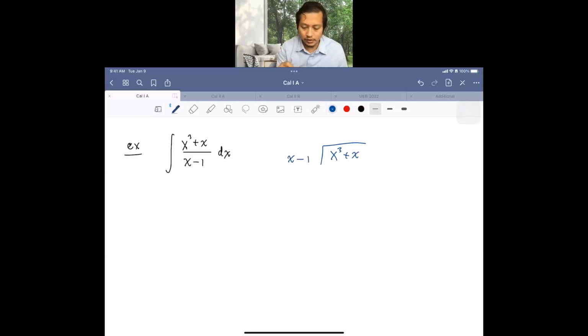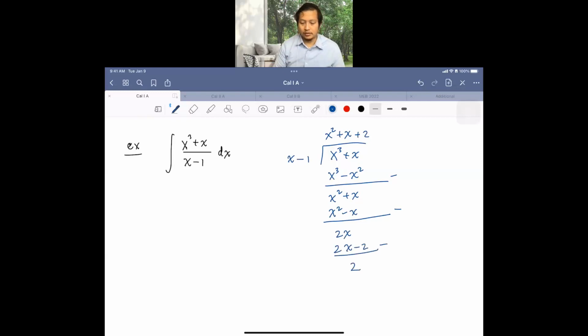Slowly we can take time to solve this. So we then get this as our result, and we have a remainder.